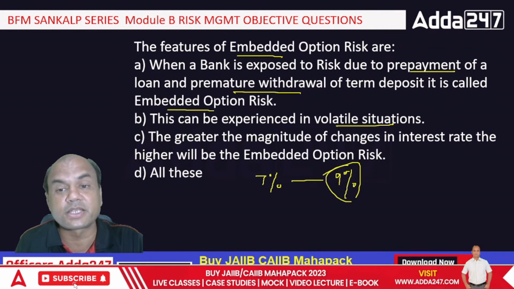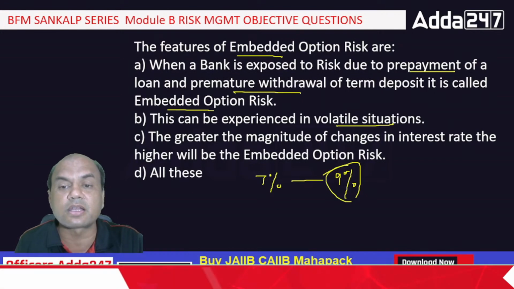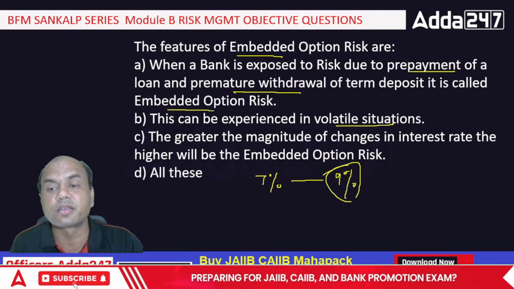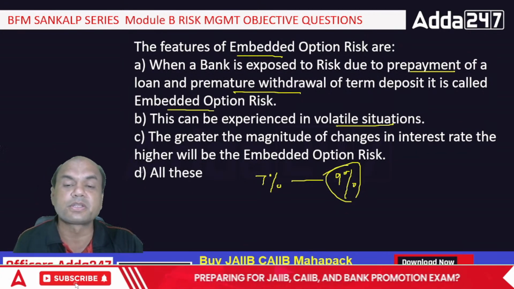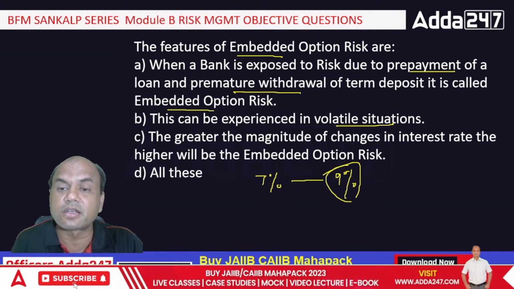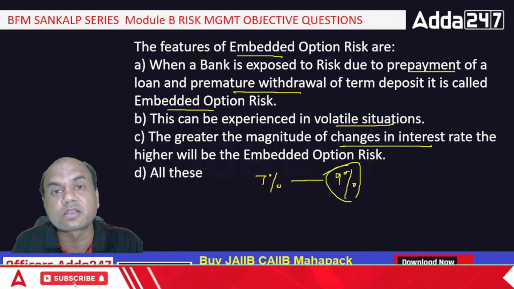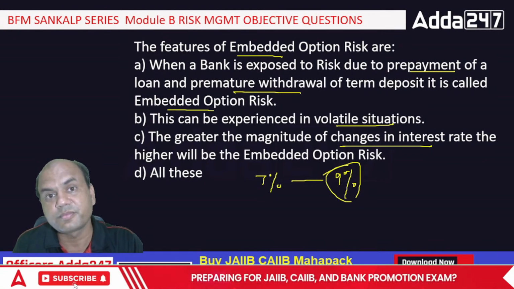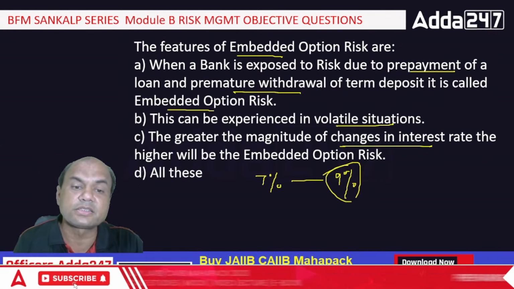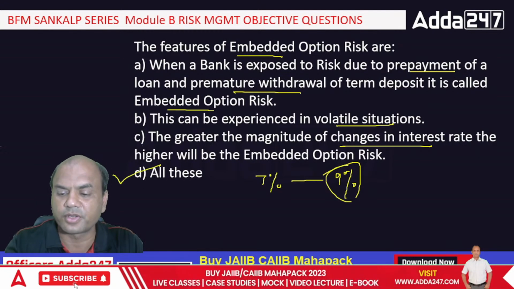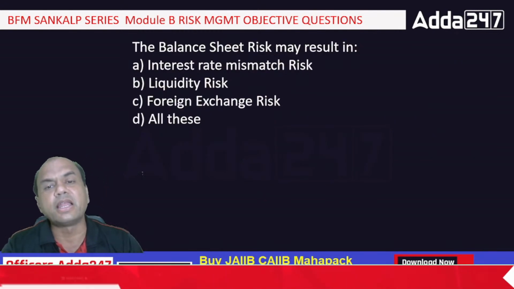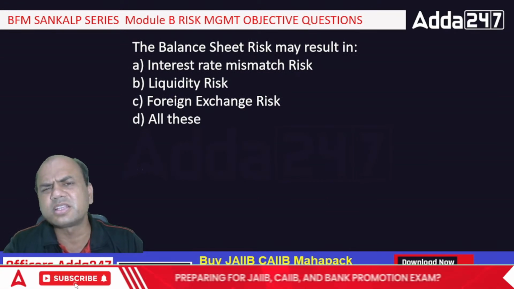This can be experienced in volatile situations. The greater the magnitude of the change in interest rate, the higher will be the embedded option risk, isn't it? If the change in interest rate is higher, then more chances are that the loans get closed earlier. So the answer is all of these. The balance sheet risk may result in, what is this balance sheet risk?